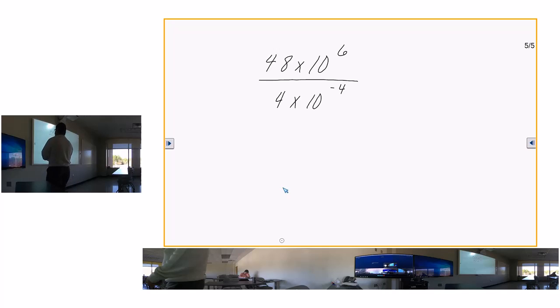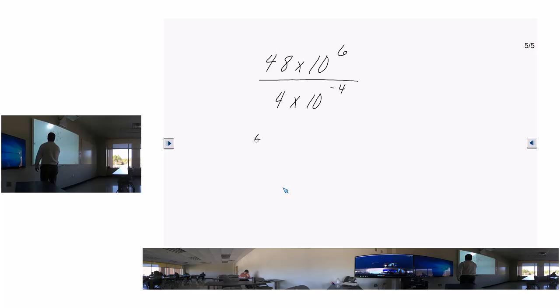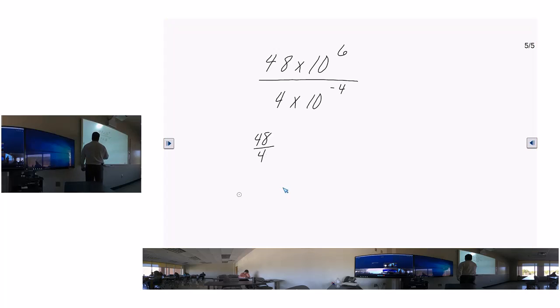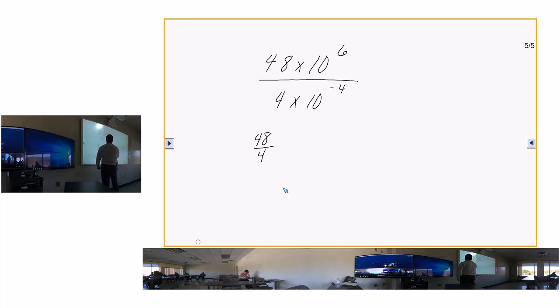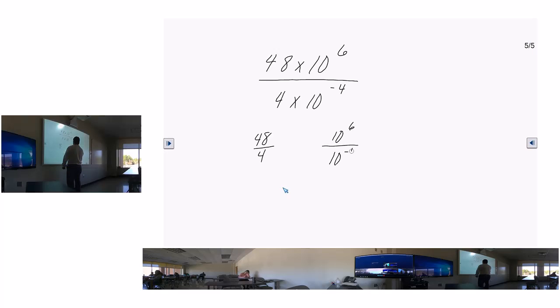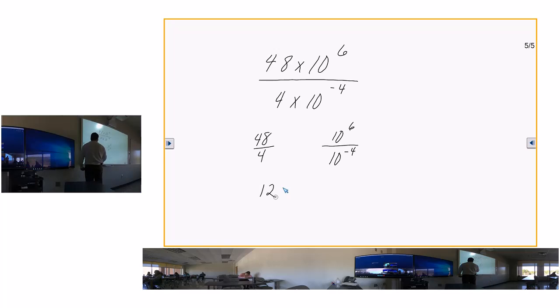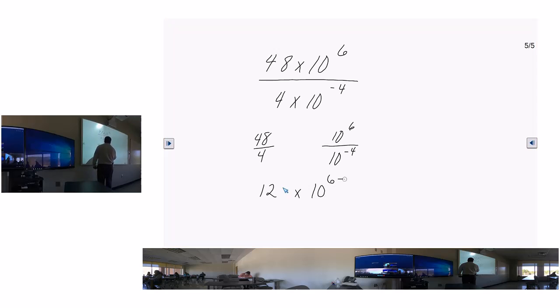I'll set it up for you. 48 divided by 4. 10 to the 6th divided by 10 to the negative 4. And what's 48 divided by 4? 12.